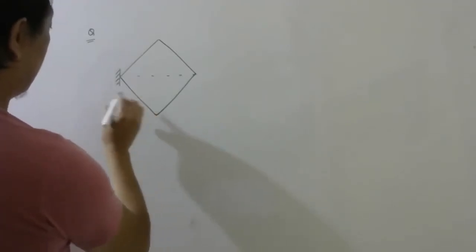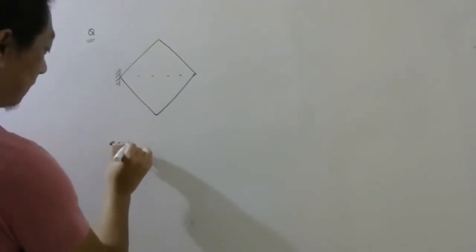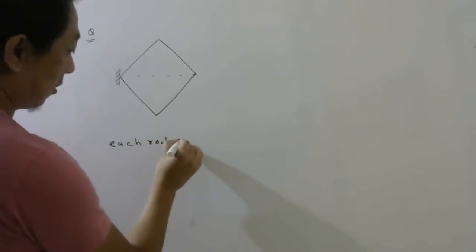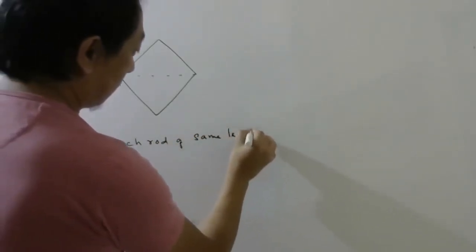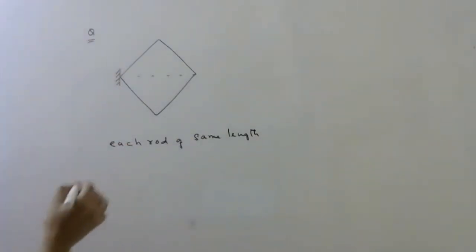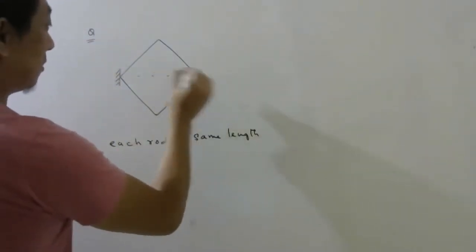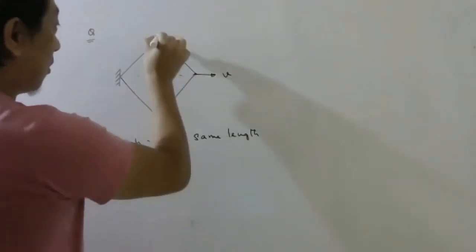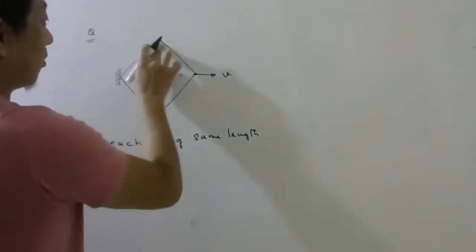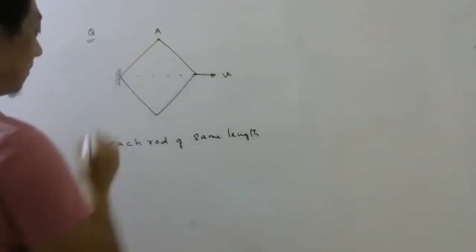So each rod is of the same length. The question is, this end is moved with velocity v, and we have to find the velocity of this point. Let me call this point A.